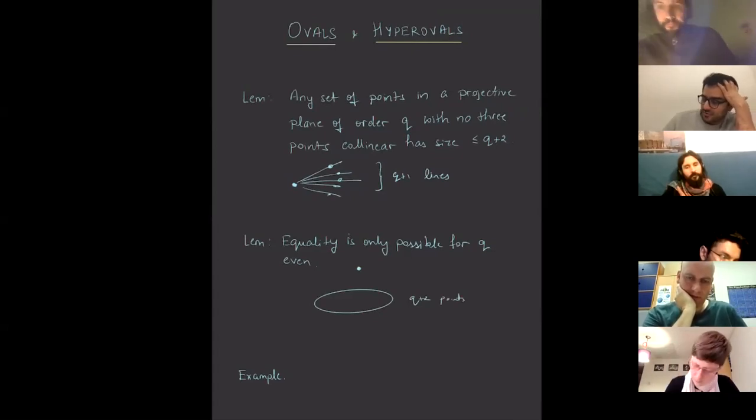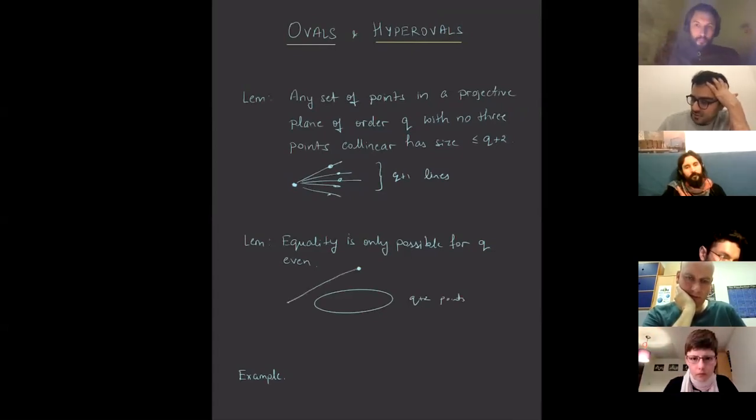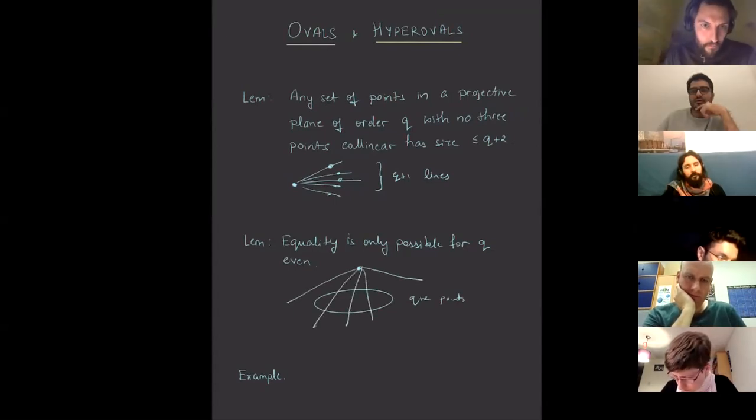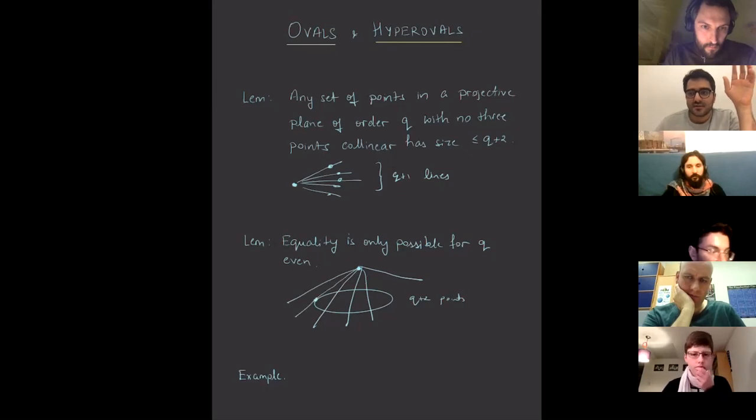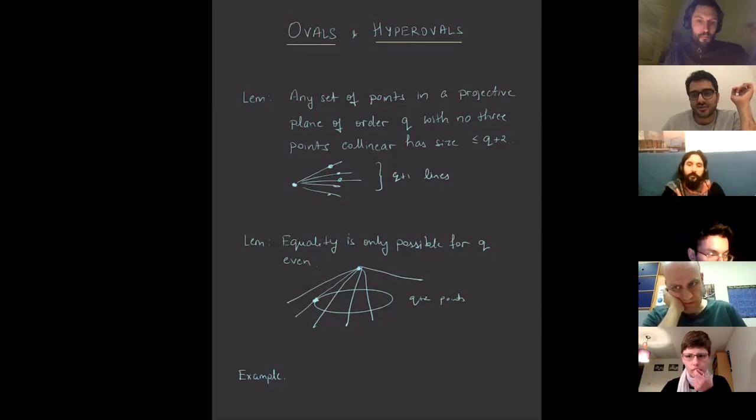Then you can show that all lines through this point either meet this set in exactly 2 points or 0 points. The reason is that if you had a tangent line, then from this point you could count the cardinality of your set, and it would be only q plus 1.